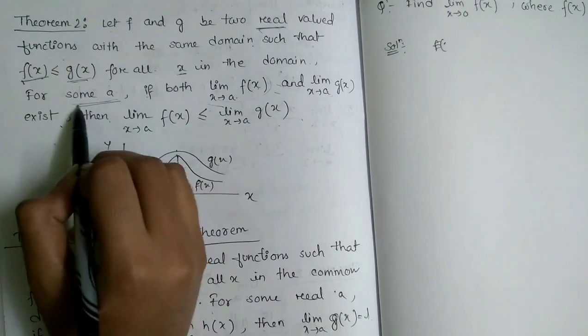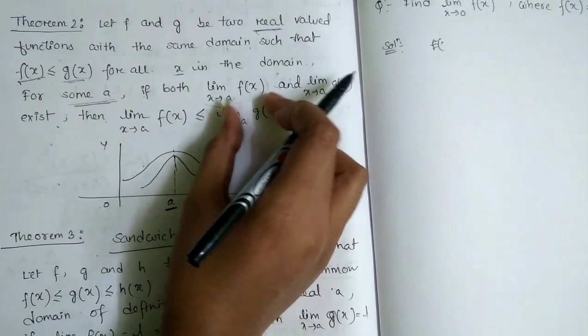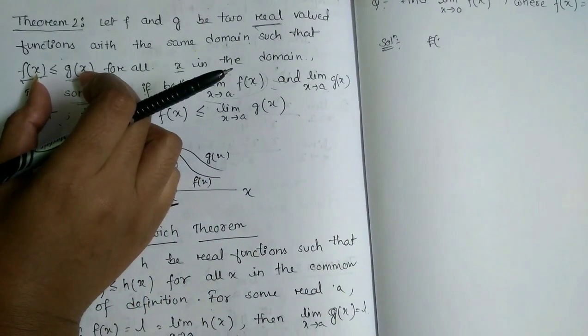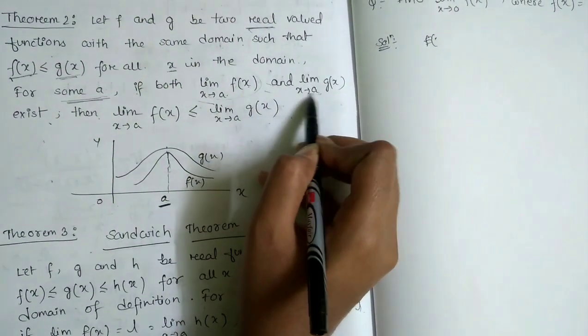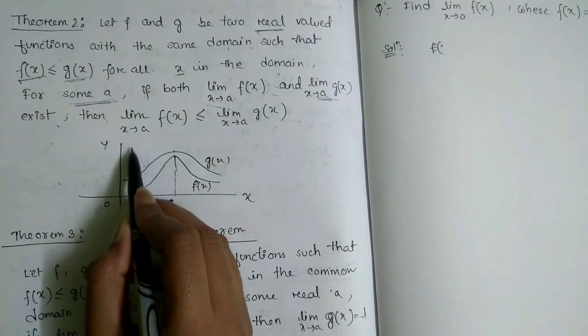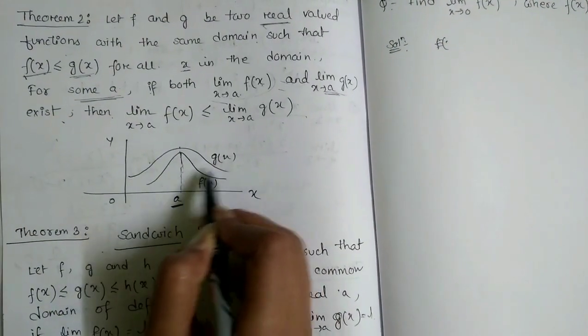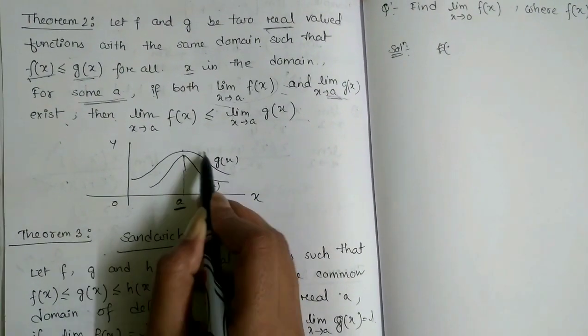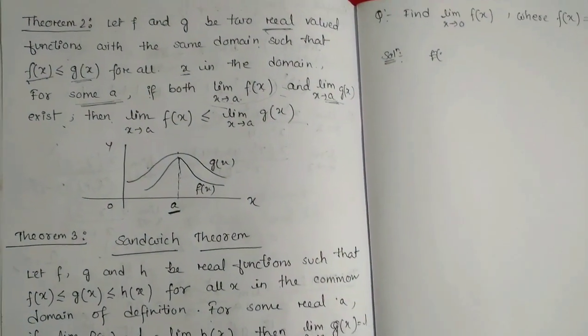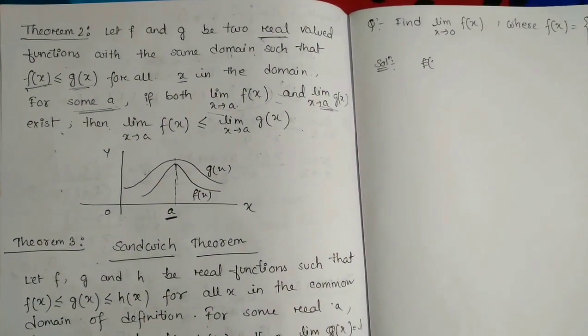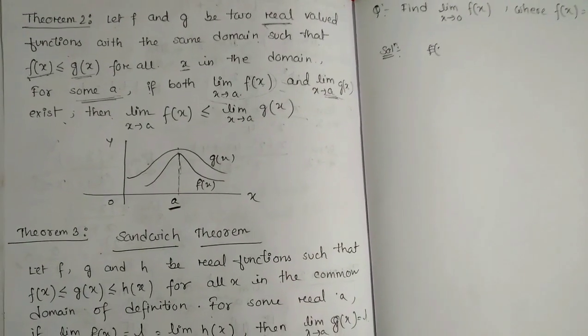For some value of a, if both the limits of these two functions exist, then the limit of this will be less than or equal to the limit of this. So this is our graph, just a simple graphical representation of this theorem. No need to prove this theorem, it is not required.